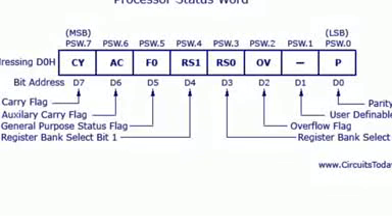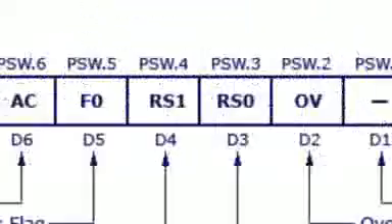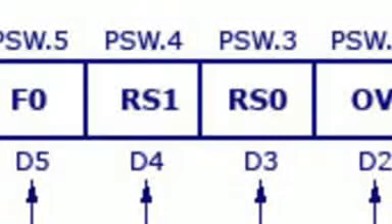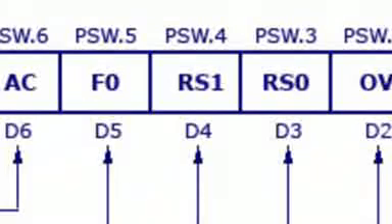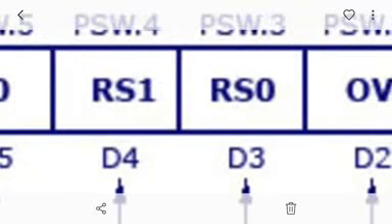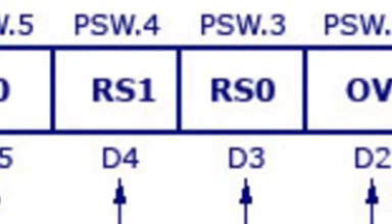Now how is the bank selected? If I take PSW.3 and PSW.4, and place 0 in RS0 and 0 in RS1, both 0 and 0, then bank 0 will be selected by default. If I set the D3 bit to 1 and D4 is 0, then bank 1 will be selected.